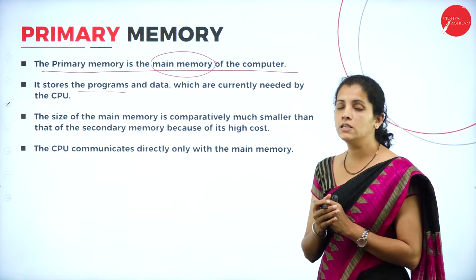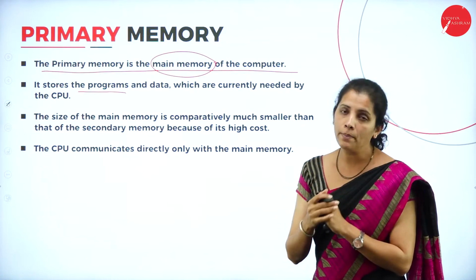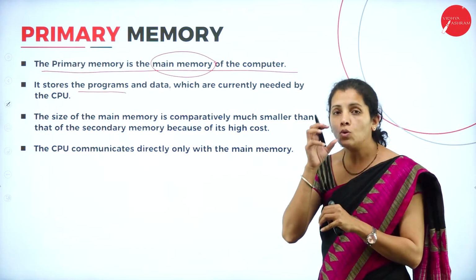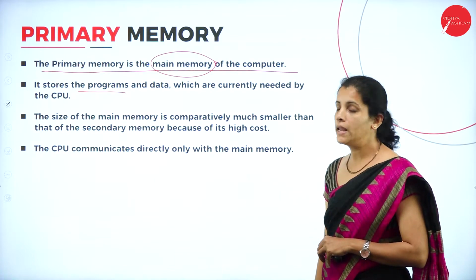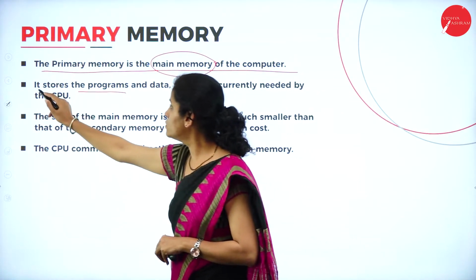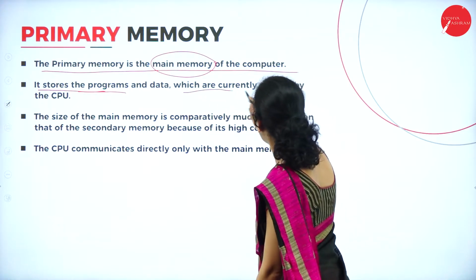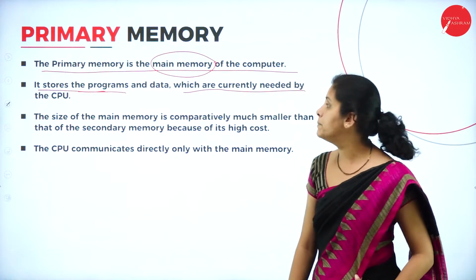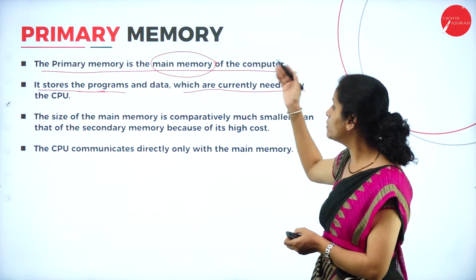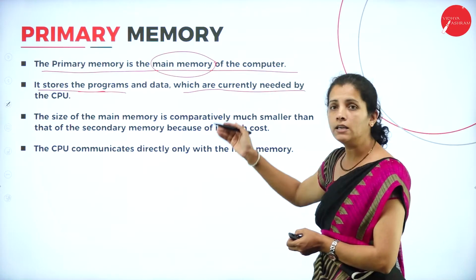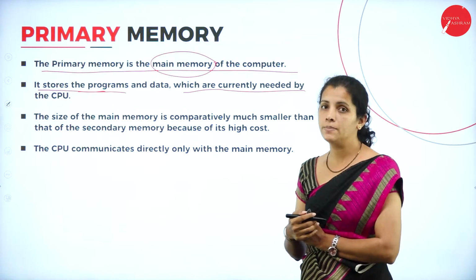For that reason, whichever program or data is required by the CPU is mainly stored in the main memory. So it stores the programs and data which are currently needed by the CPU. So which kind of data are we going to store here? That is, which is frequently or currently needed by the CPU.